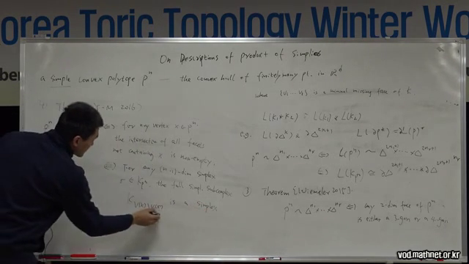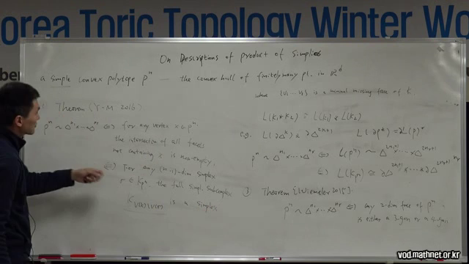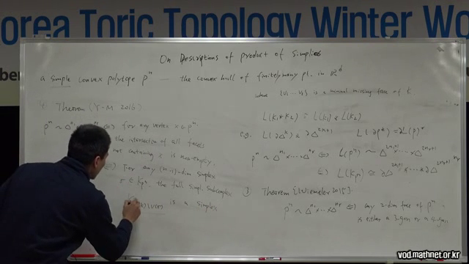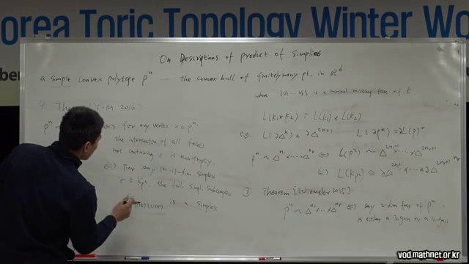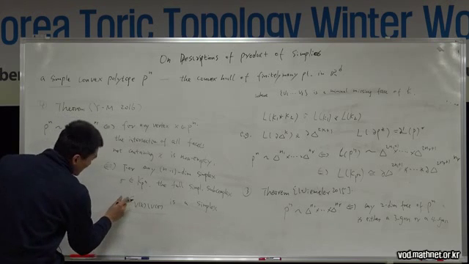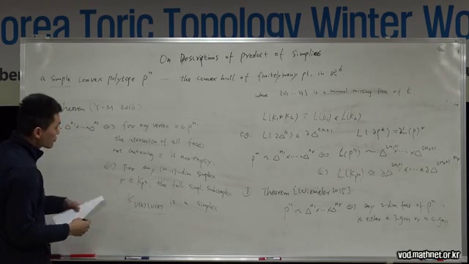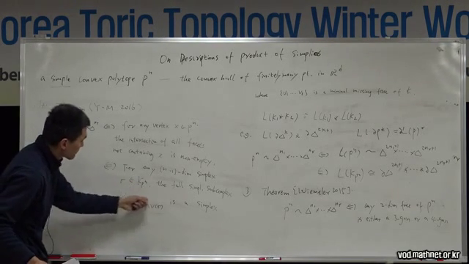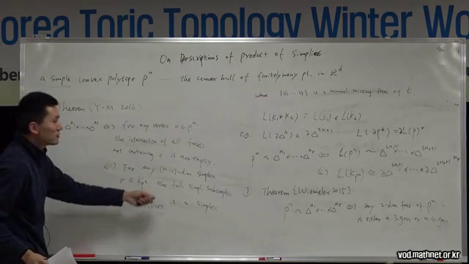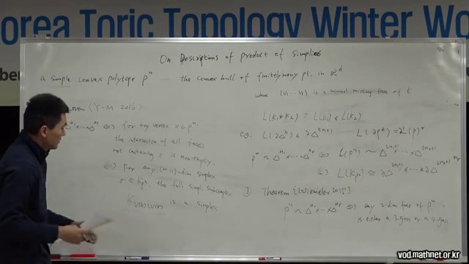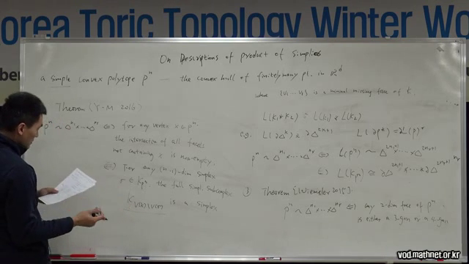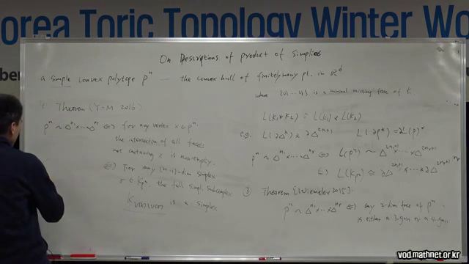So this notation means the restriction of the simplicial complex K, in this case the restriction of K_Pn to the subset, the full subcomplex. Let me give you an example.